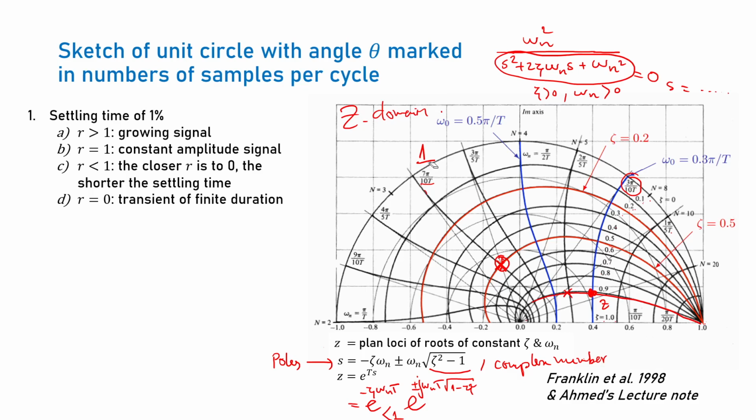Omega n is just omega n like this, and you have another curve which is symmetric to this one, and you have this curve also symmetric, so you have another pole here.